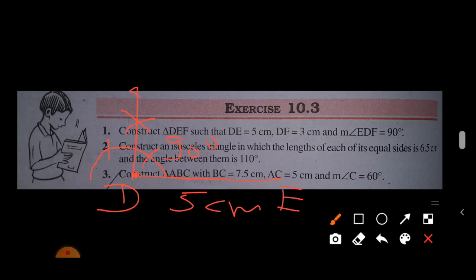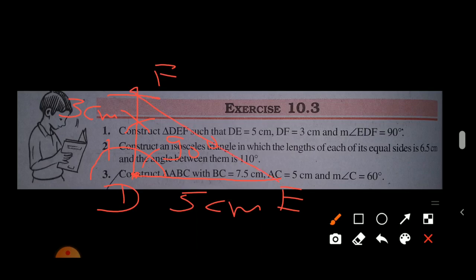So this is the arc of 3 centimeter and this intersecting point is called F. So now we join E and F with the help of ruler and pencil.